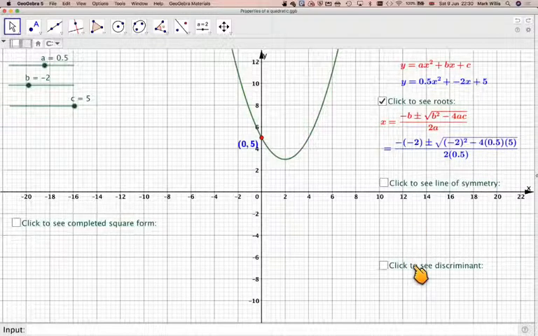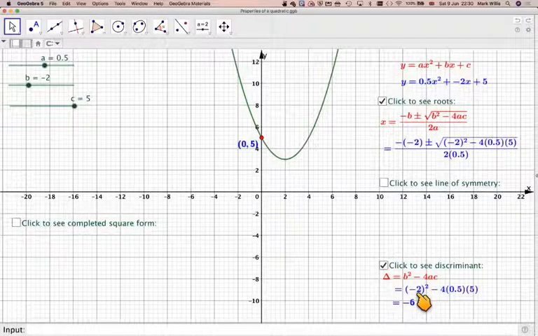And this comes into what we call the discriminant down here. Now the discriminant is the bit under the square root sign, b squared minus 4ac. If you work that out here, the discriminant is negative, so you won't be able to take the square root. So this tells me the nature of the roots.